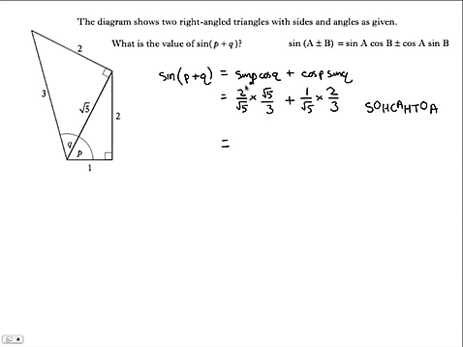Now, we need to simplify the product of two fractions, and the rule being you just multiply the two numerators and you multiply the two denominators. So for this first product, 2 times root 5, 2 root 5, and 3 times root 5.